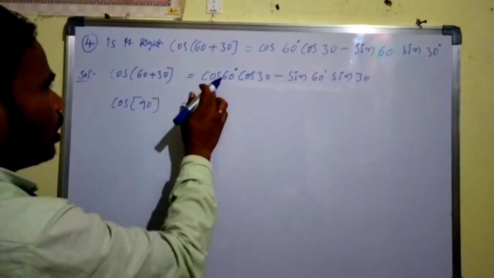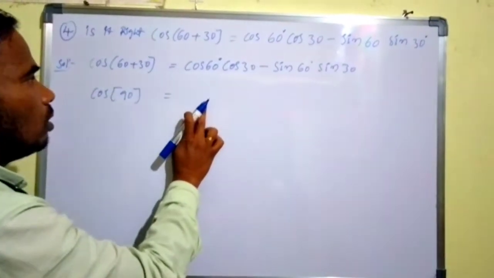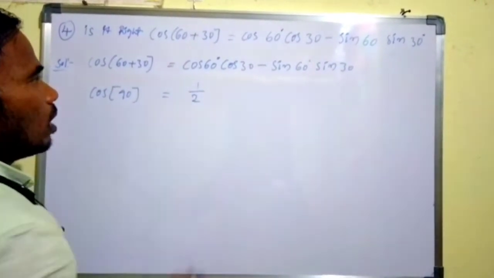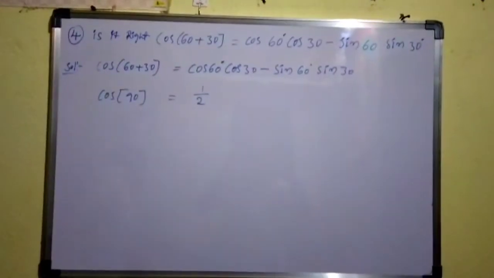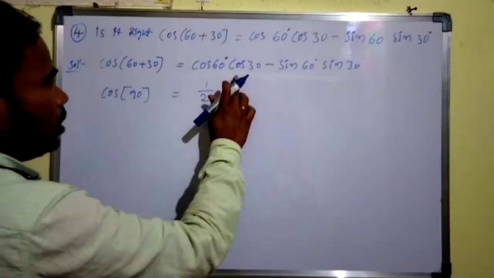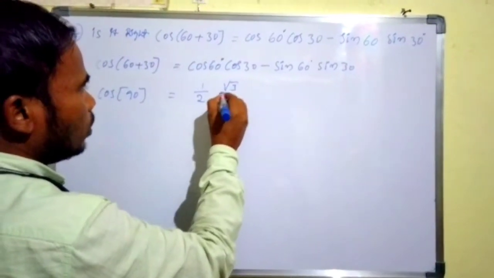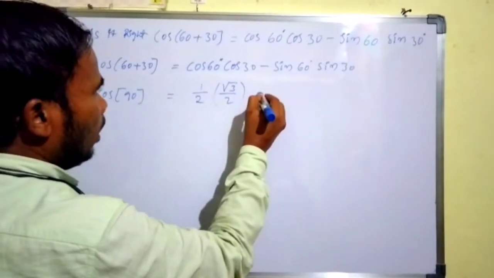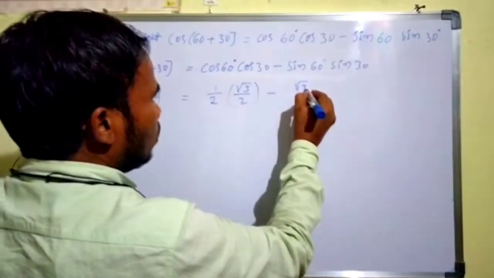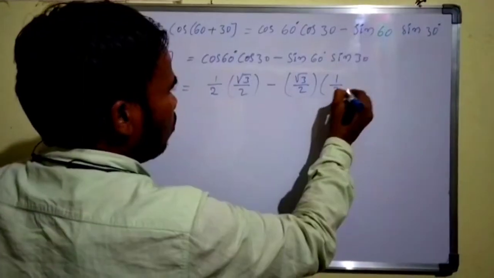Cos 60 value is 1 by 2, and cos 30 is root 3 by 2. Again here is a minus. Sin 60 value is root 3 by 2, into sin 30 value, which is 1 by 2.